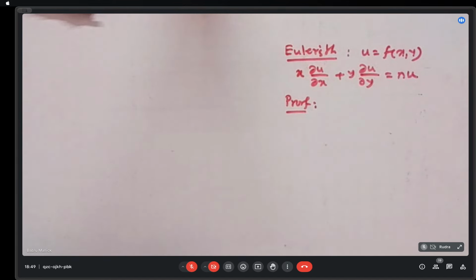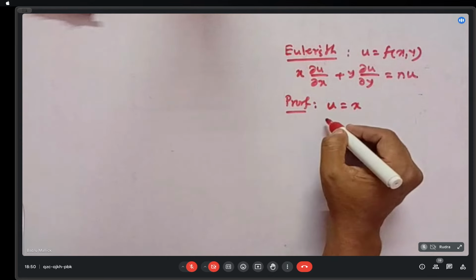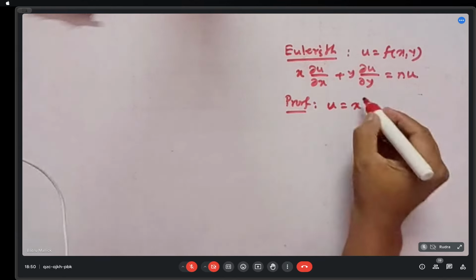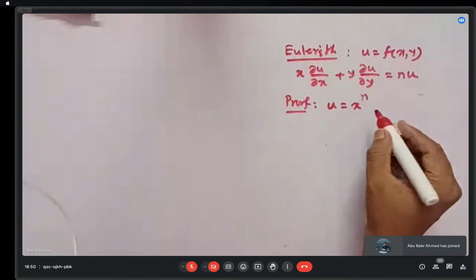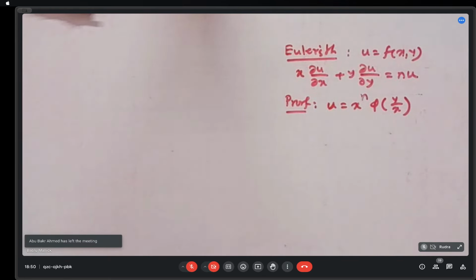Since u is homogeneous function of x and y of degree n, therefore we can write u is equal to x to the power n into some function of y by x. So u is equal to x to the power n into some function of y by x.